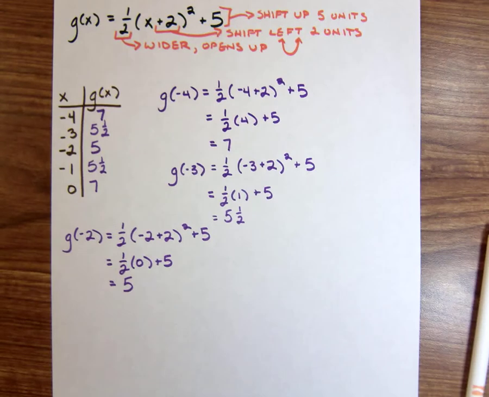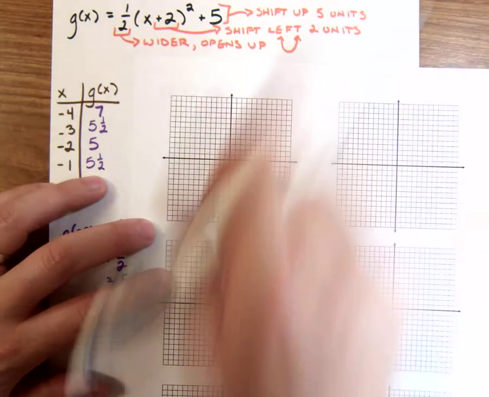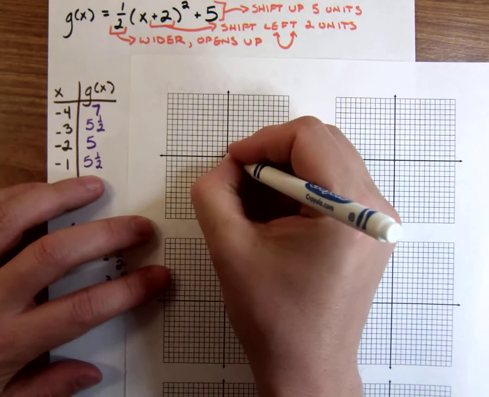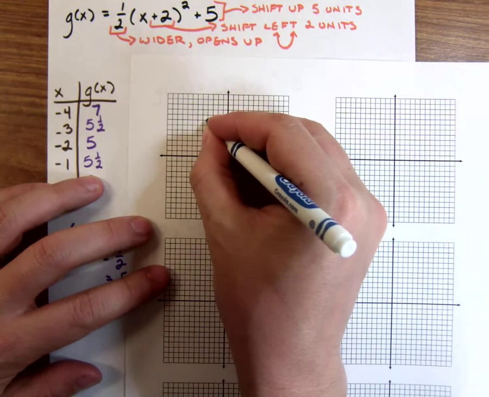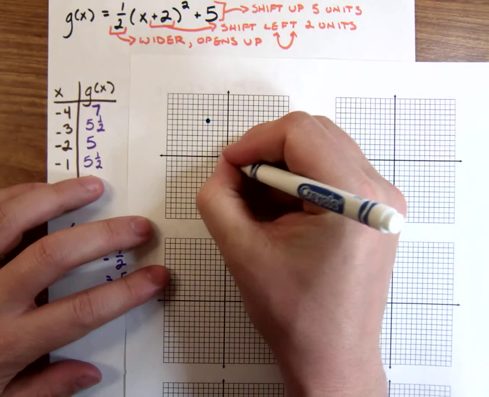Okay, so on to the graph we go. So my first point was -4, 7. Then -3, 5.5.